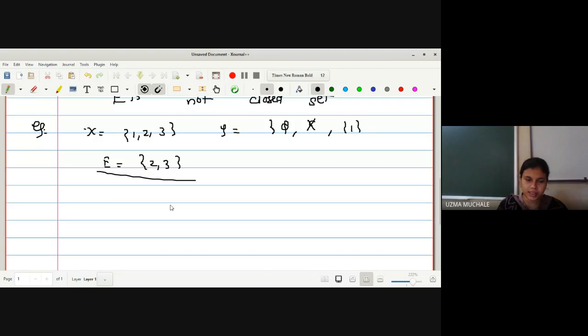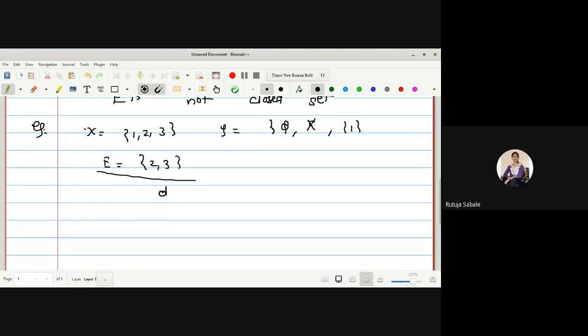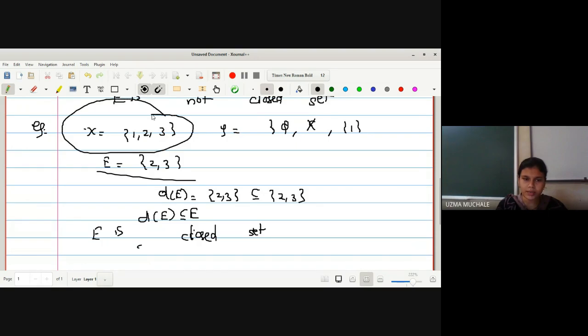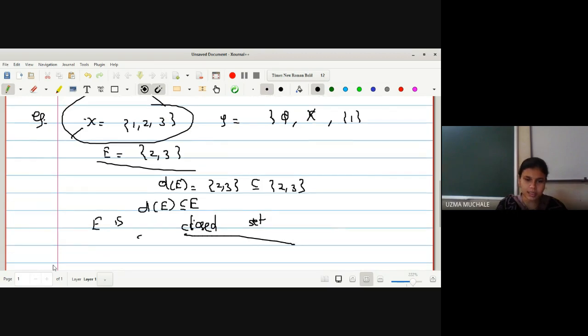The derived set is {2, 3}. Now here {2, 3} is contained in {2, 3}, rather both are equal. So the condition that the derived set of E is contained in E is verified. Any set is a subset of itself, so I can write {2, 3} is a subset of {2, 3}, and hence E is a closed set with respect to this tau. Otherwise, if I change tau, there will be some problem.